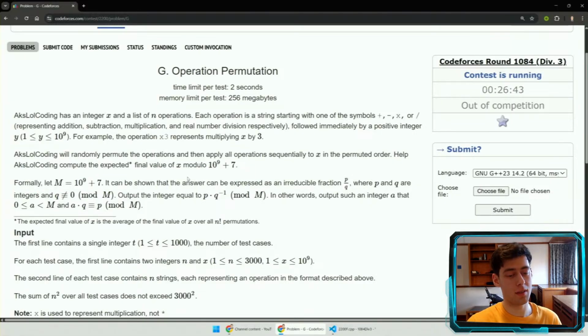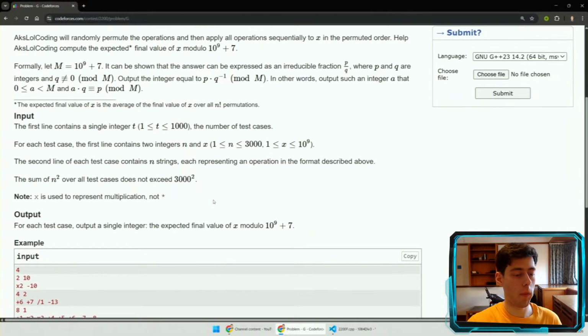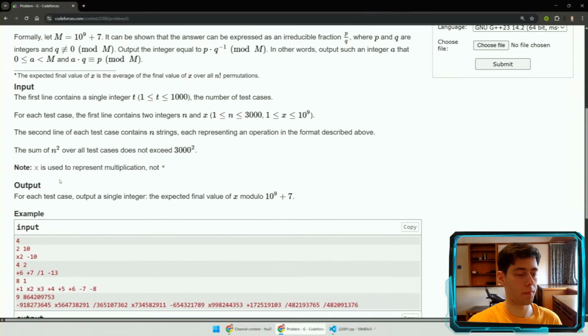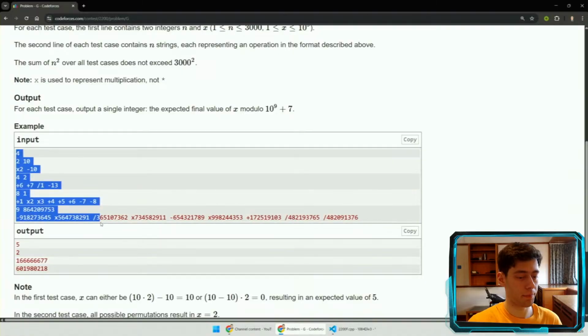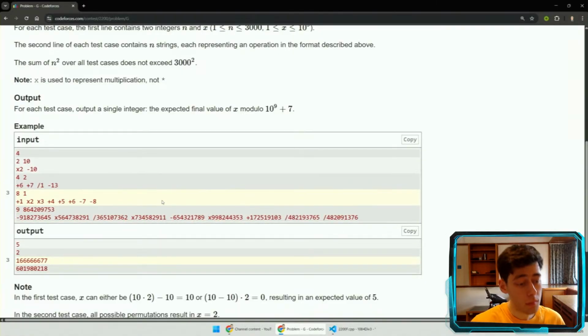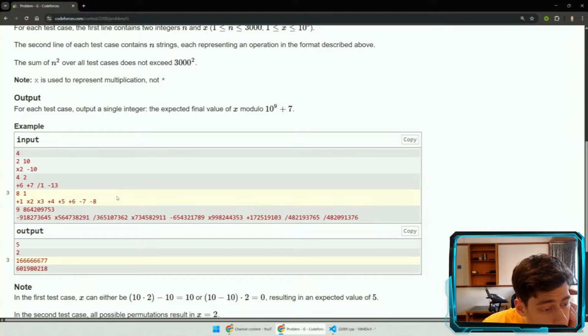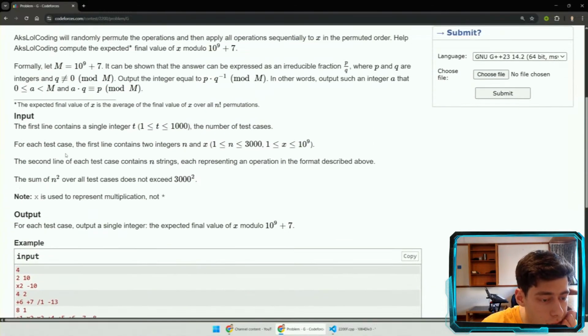Formally, we have a bunch of operations.